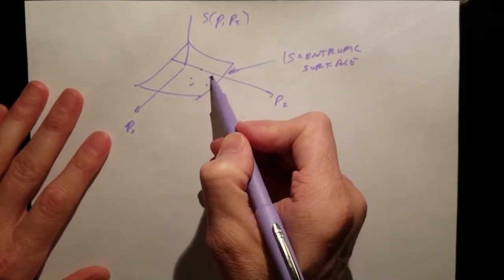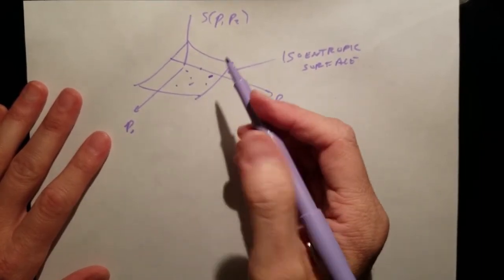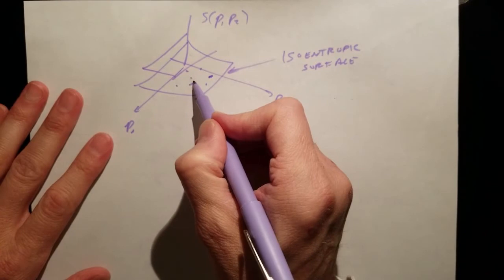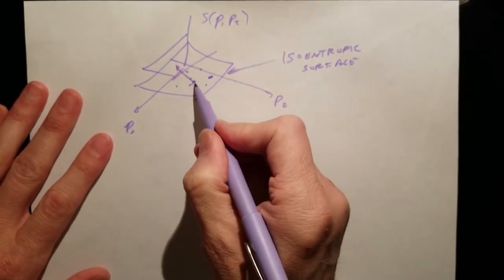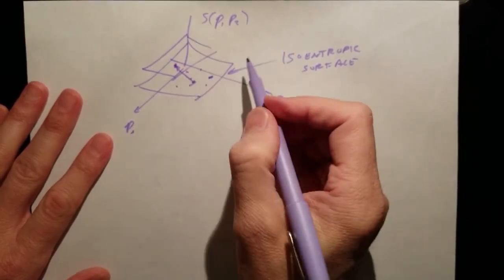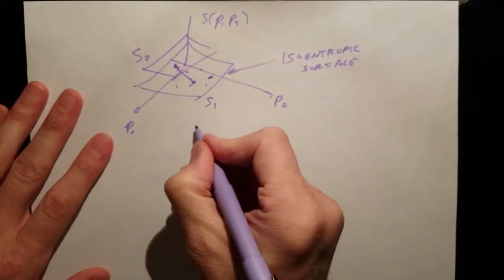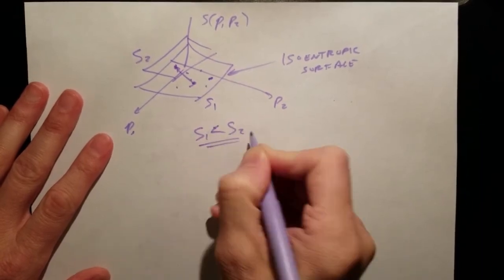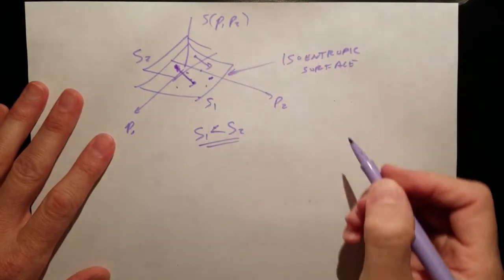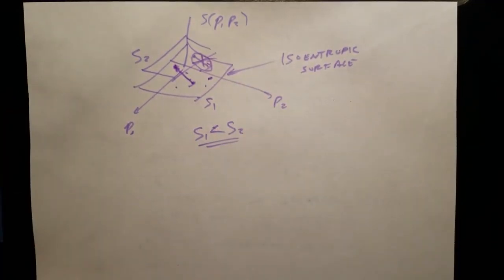In principle, you can move to any point without changing the entropy, but it won't happen spontaneously. If, on the other hand, you have another surface which is higher, you can spontaneously transition from one entropy to a state in another system. So if S1 is always less than S2, that process is spontaneous. Going from the upper surface to the lower, that will not happen, at least not in a closed, isolated system.